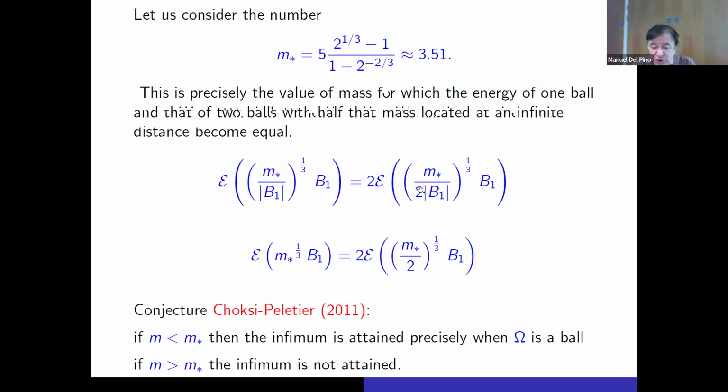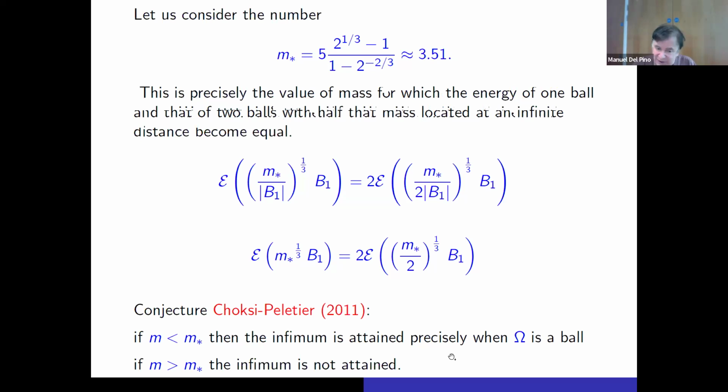There is something we can be sure about immediately. I didn't show you the computation, but when M is bigger than M star, it turns out that the energy of two balls is in reality lower than the energy of the single ball, and then balls are no longer minimizers.